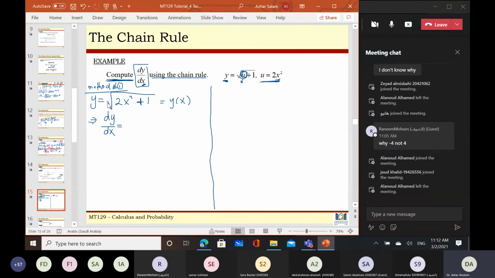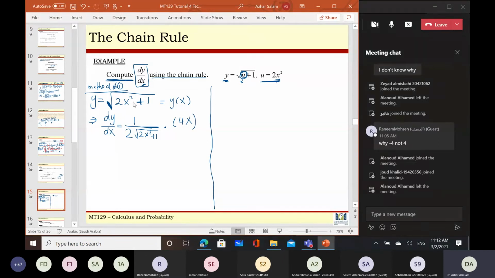I will first differentiate the square root, which is 1 over 2 multiplied by the square root. واللي داخل الجذر ما يتغير اللي هو 2x square plus 1. Okay, I will differentiate the square root first, then multiplied by the derivative of what's inside the square root. It's 4x to the power 1.